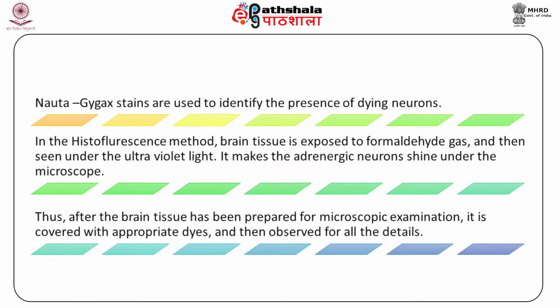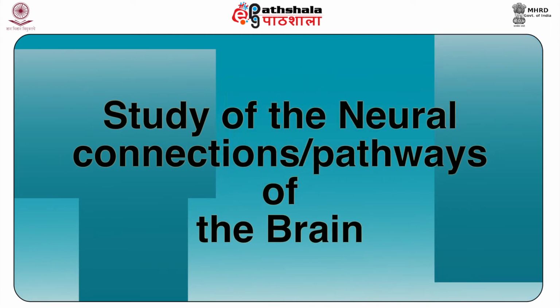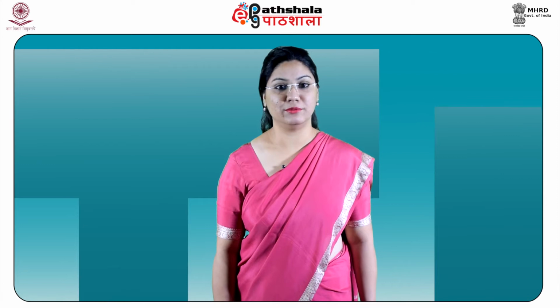Thus, after the brain tissue has been prepared for microscopic examination, it is covered with appropriate dyes and then observed for all the details. Study of the neural connection pathways of the brain. The information or the nerve impulses flow from one region to another in the brain.